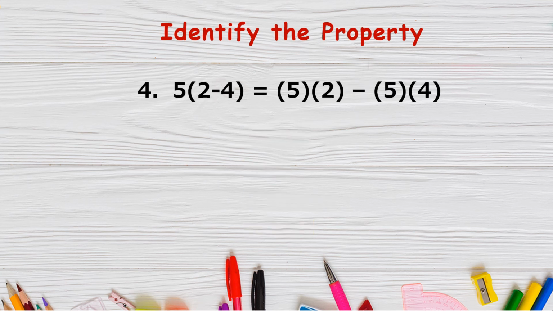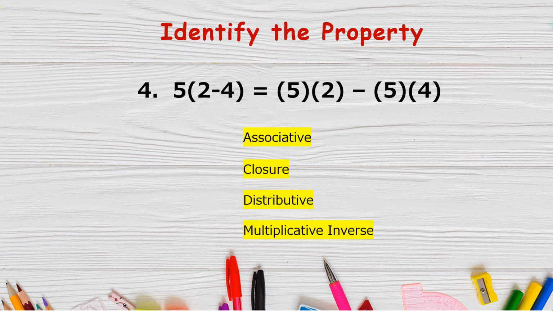Number 4. 5 times the quantity of 2 minus 4 is equal to 5 times 2 minus 5 times 4. Is it associative, closure, distributive, or multiplicative inverse? You have 10 seconds to answer.